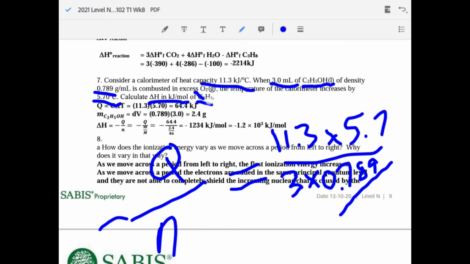I think that's a mistake over there. Yeah, that's a mistake. So C2H5OH, it's 46.